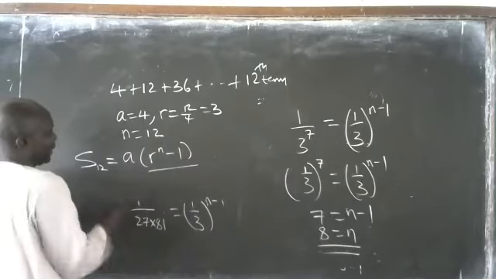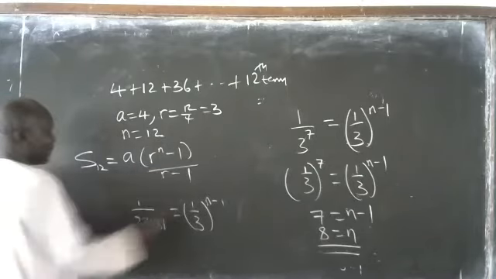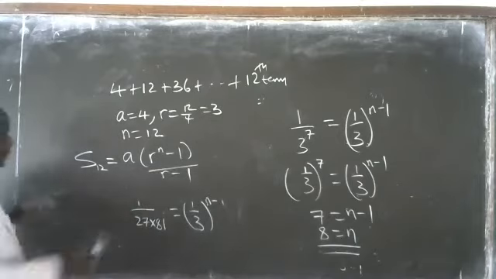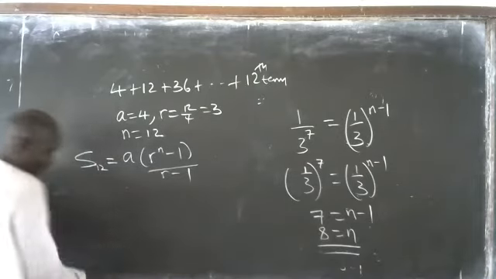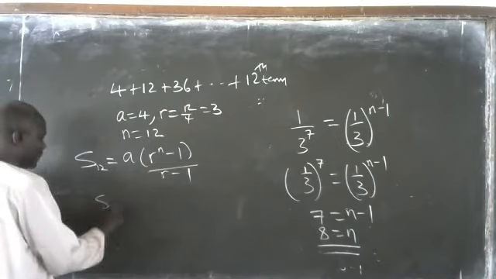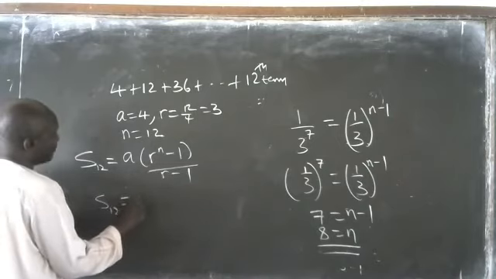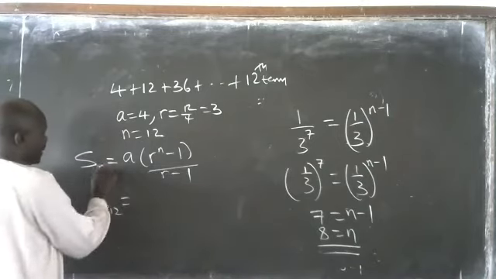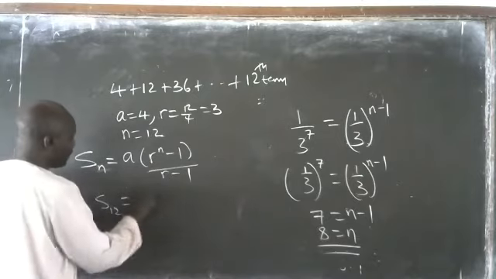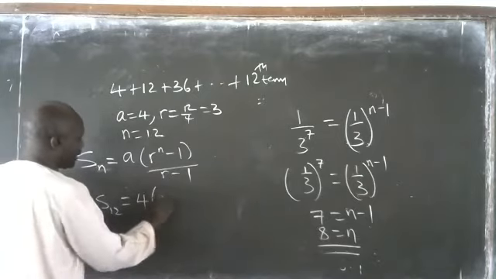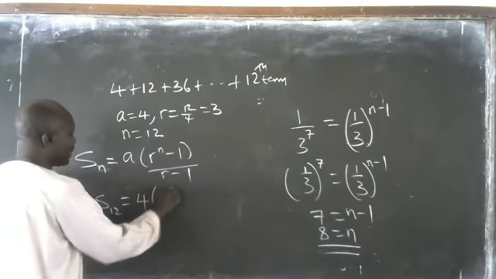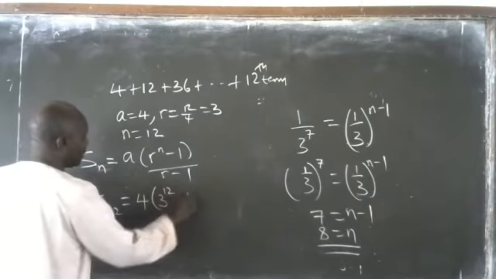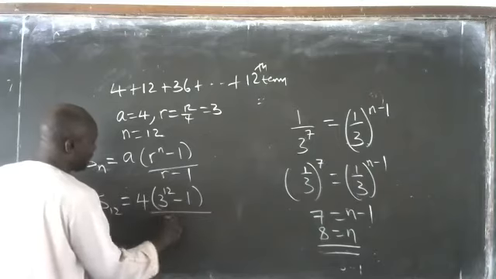Because our r is greater than 1, we can use that formula. So we substitute and say S12 equals a, which is 4, r is 3, n is 12, so 4 times 3 power 12 minus 1 over 3 minus 1.